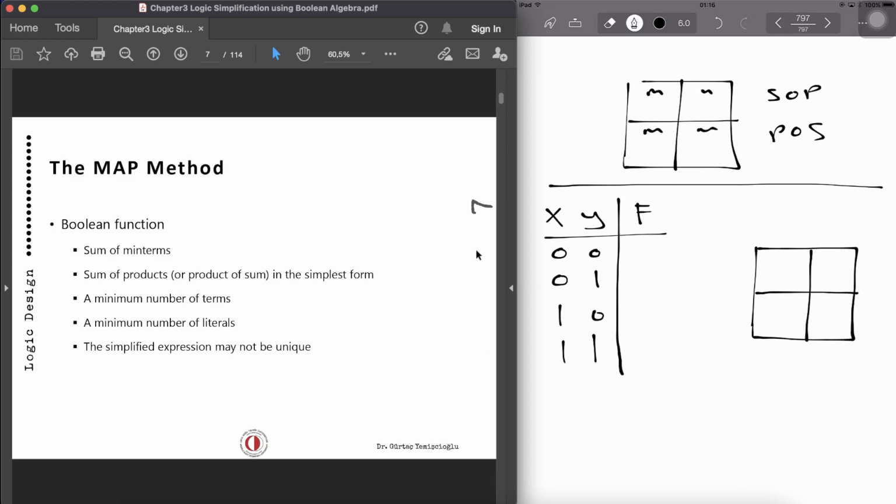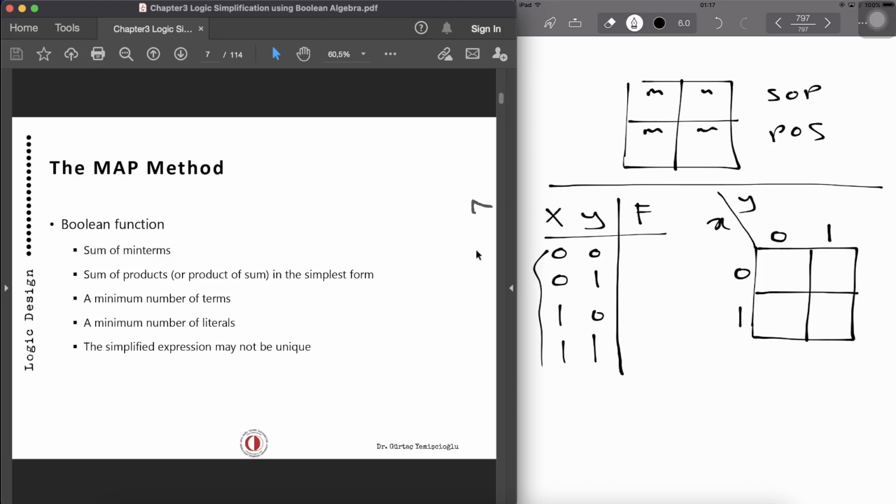Two inputs means we have 4 possibilities. That means we need 4 squares in the K-map. I write x on one side and y on the other side. The first row is where x is 0, and the first column is where y is 0. The second row is where x is 1, and the second column is where y is 1.